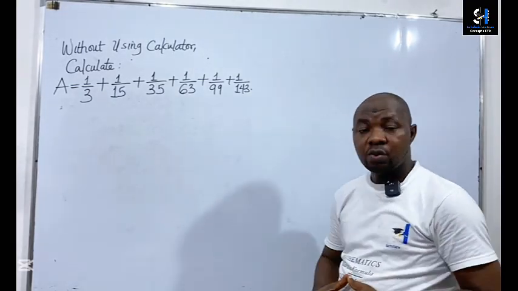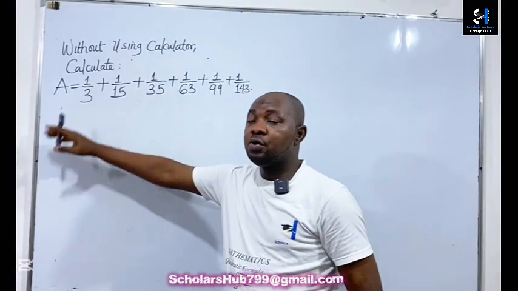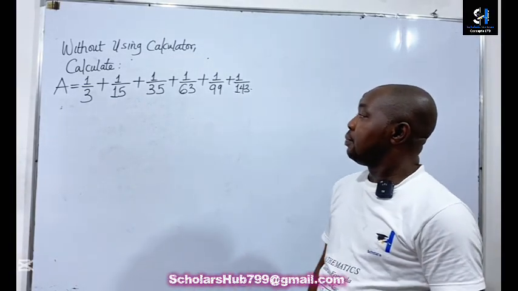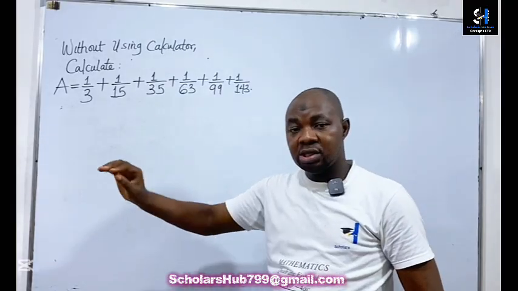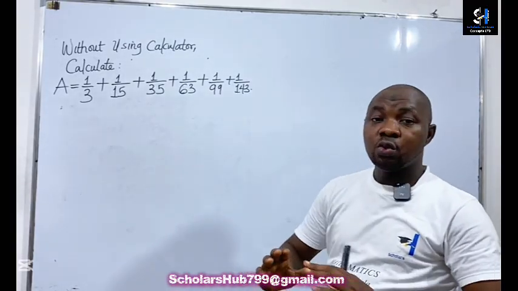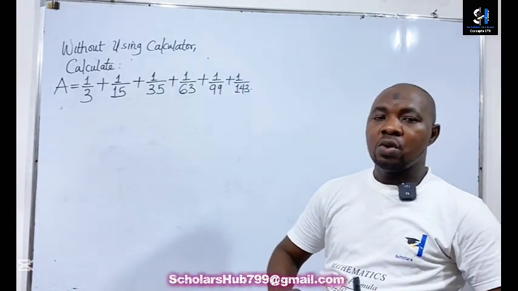Without using a calculator, let's calculate the value of A. The first thing we need to do is observe the patterns in the denominator, because this is a no calculator question.